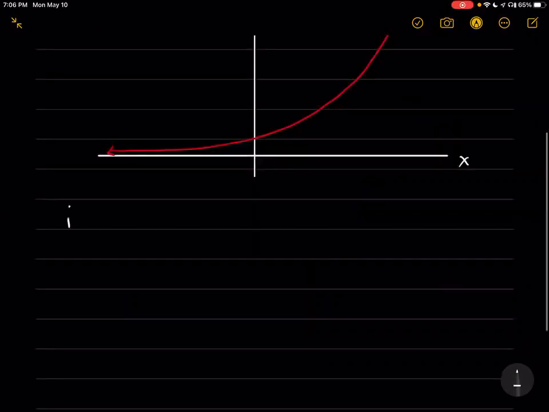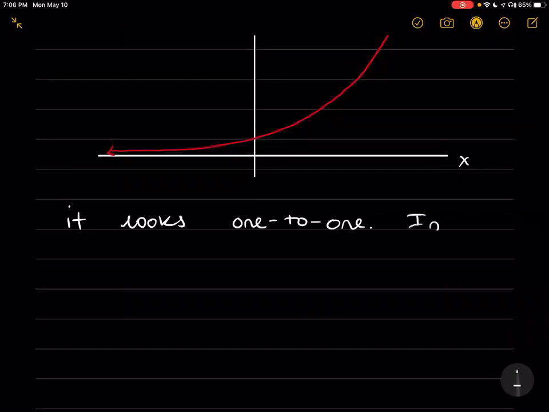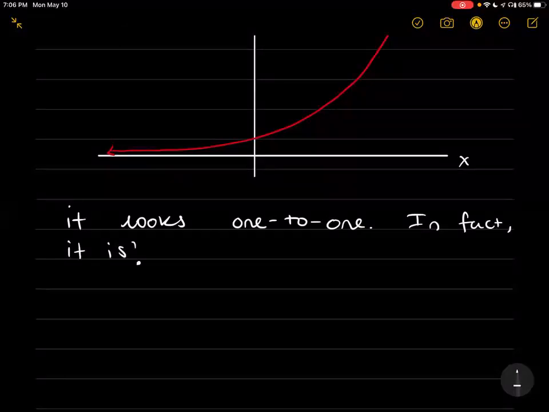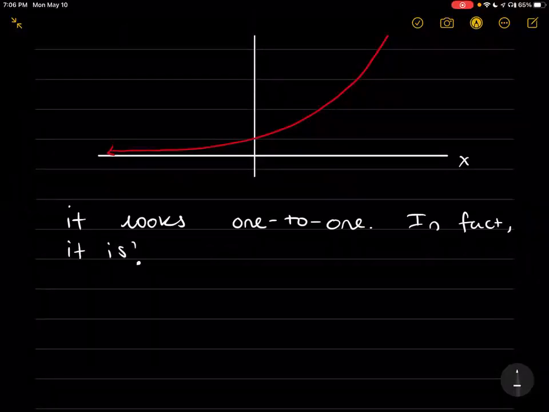It looks one-to-one, and in fact, it is. So if the function is one-to-one, it has to have some sort of inverse. That inverse is a logarithmic function.